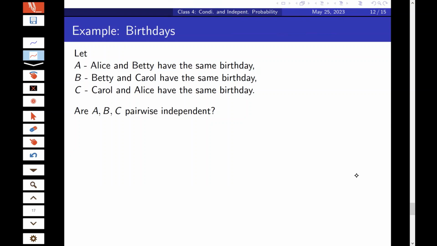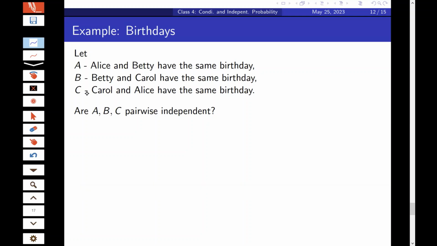Okay, so now we are going to discuss the last example for this class, which is the pairwise independent and mutually independent concept. Let's say we have birthdays, and Alice and Betty have the same birthday, Betty and Carol have the same birthday, and Carol and Alice have the same birthday.